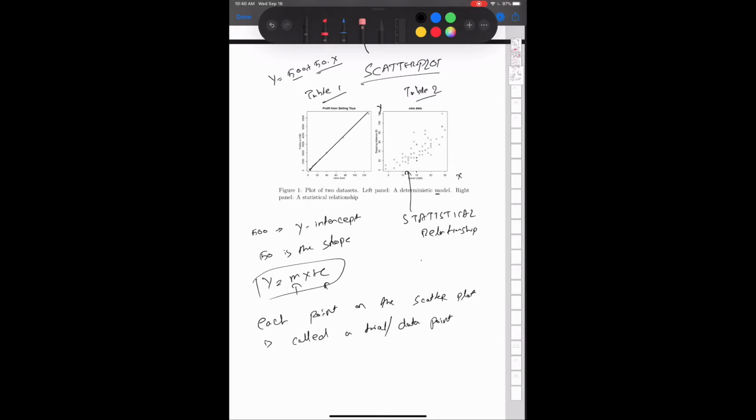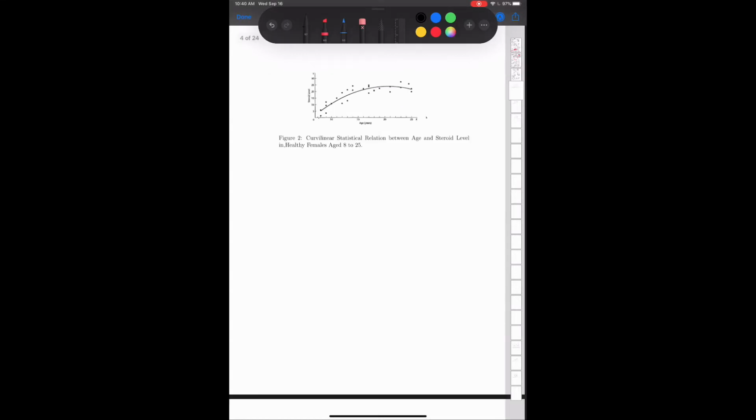So let's talk about another example of statistical relationships. In this plot, I have plotted the relationship between age and steroid level in the plasma of 27 healthy females between 8 and 25 years old.